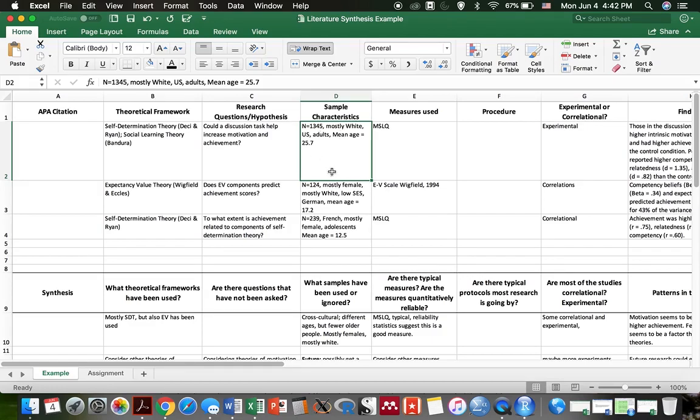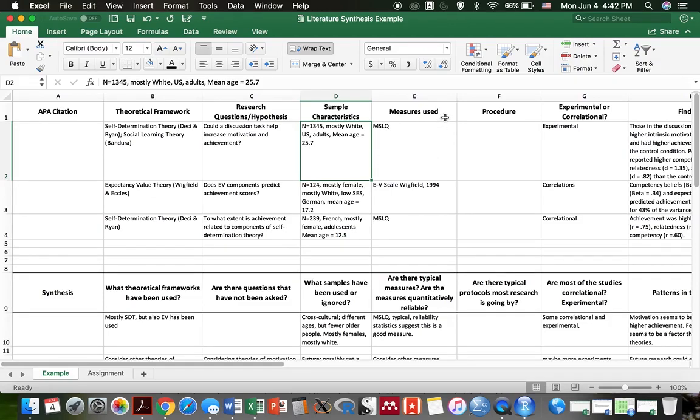So let's say this one says mostly white, and another one was mostly African American. Then that might be a good basis for you to say, well, it sounds like there could be ethnic differences, and then you could go and study that. I hope that makes sense to everyone.